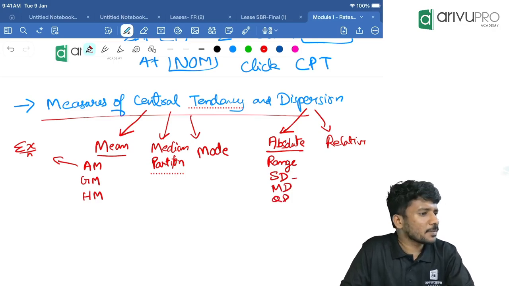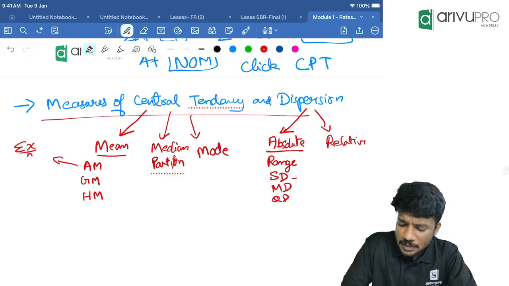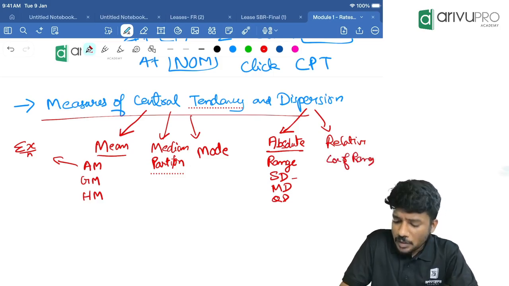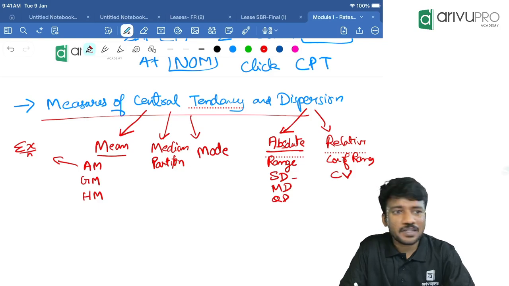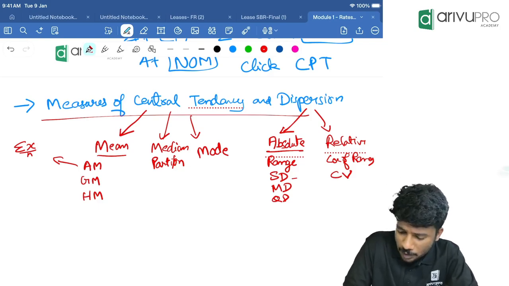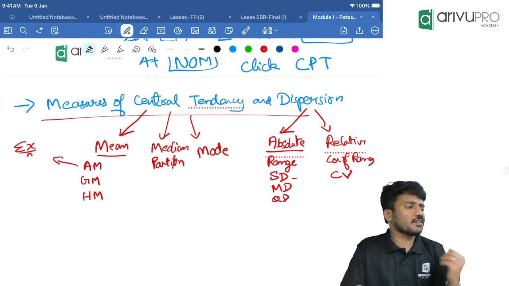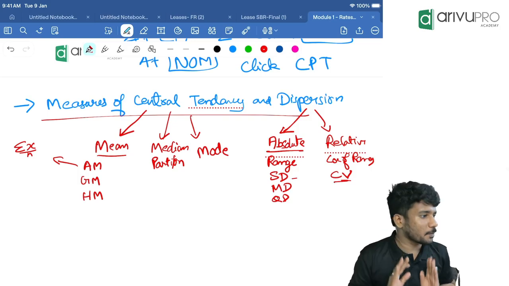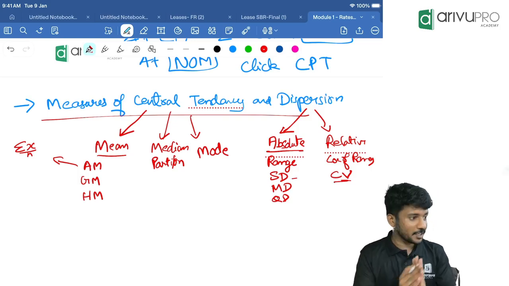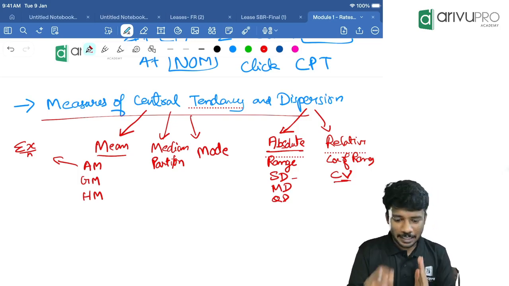Most of the questions will be based on standard deviation only. Then relative or coefficient of range is there. Then coefficient of standard deviation, that is nothing but coefficient of variation. Then coefficient of mean deviation, coefficient of quartile deviation. But basically, coefficient of variation is our major part. So that is something we are learning as part of our entire curriculum.